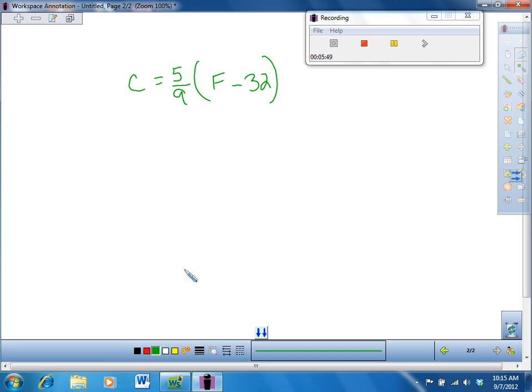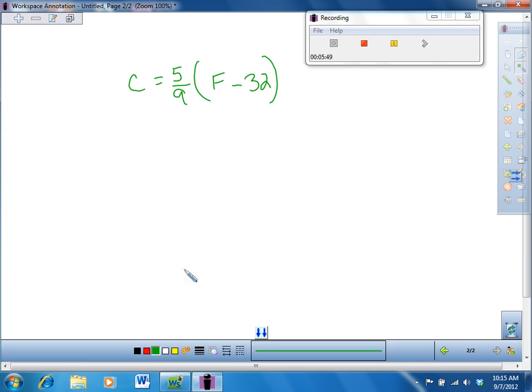Does anyone know what that formula is? Doesn't that look familiar to anyone? Very good. It's how you convert Fahrenheit degrees to Celsius degrees.